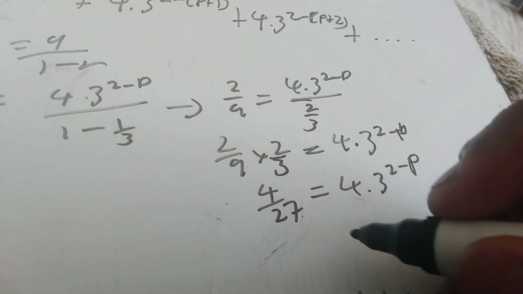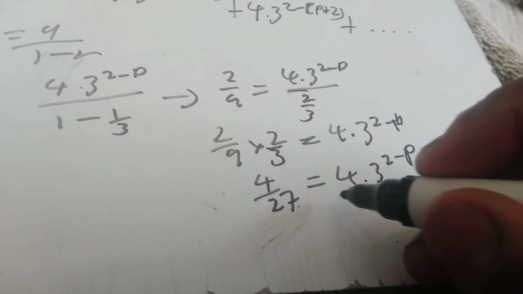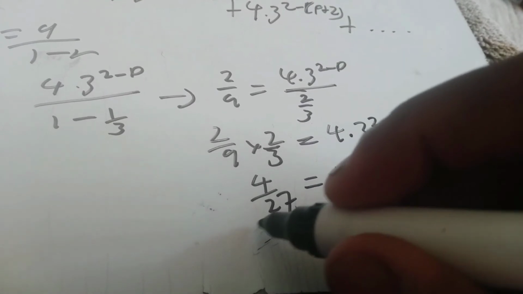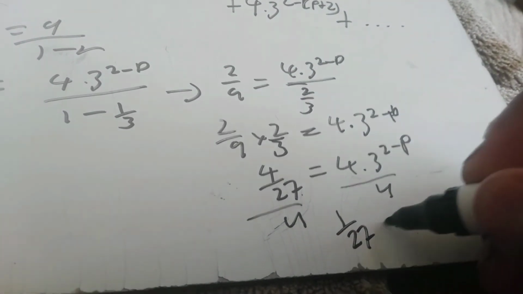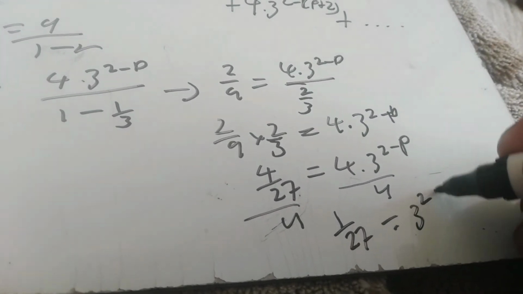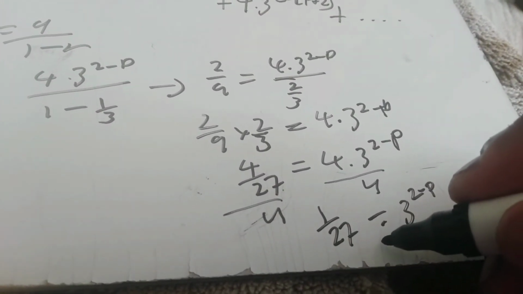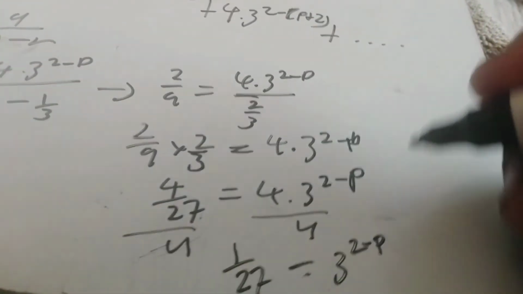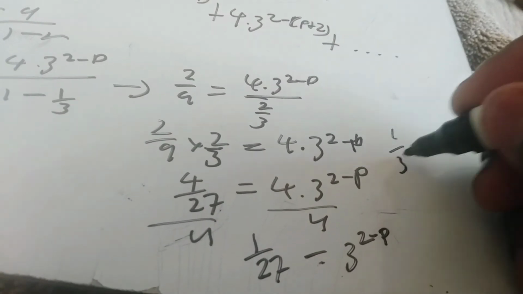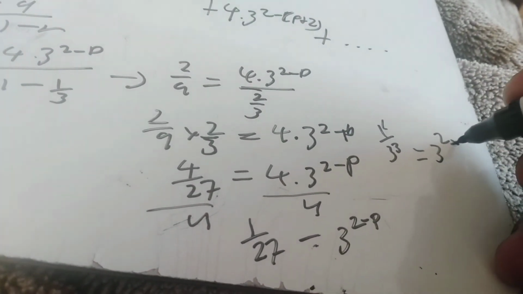Because we're solving for p, let's divide both sides by 4. When you divide both sides by 4, you will get 1 over 27 is equal to 3 to the power of 2 minus p. And then what happens here? 27 is the same as 3 cubed, so 1 over 27 is 1 over 3 cubed, which is equal to 3 to the power of 2 minus p.